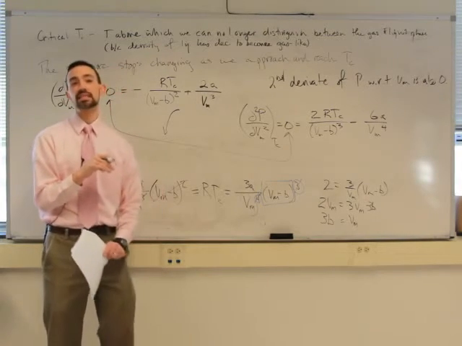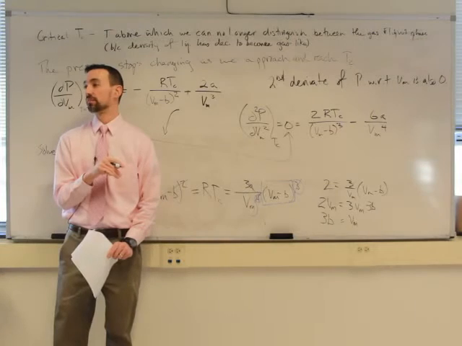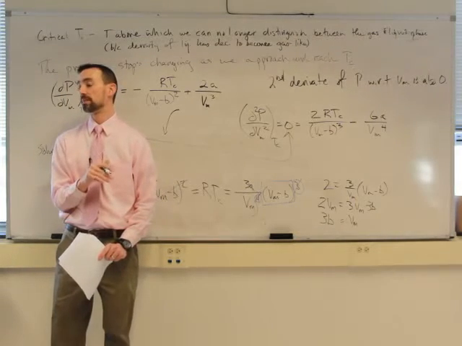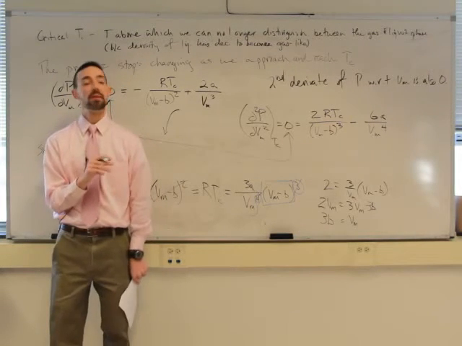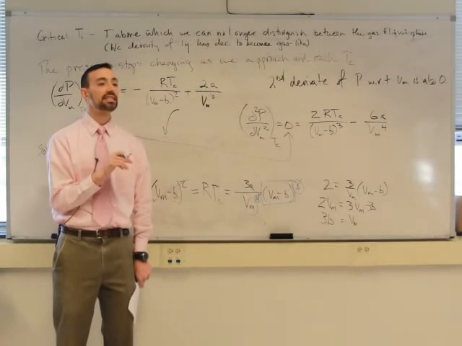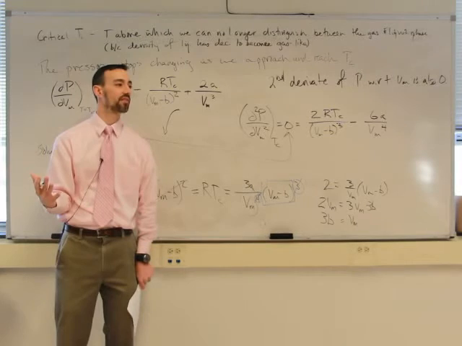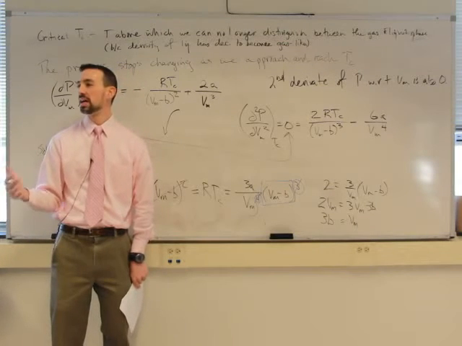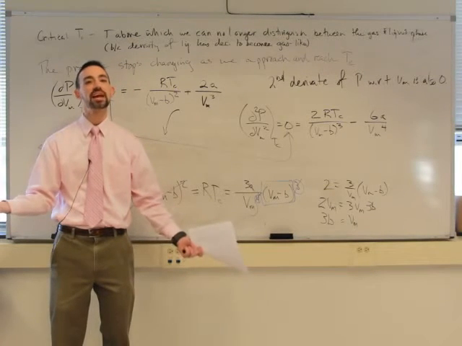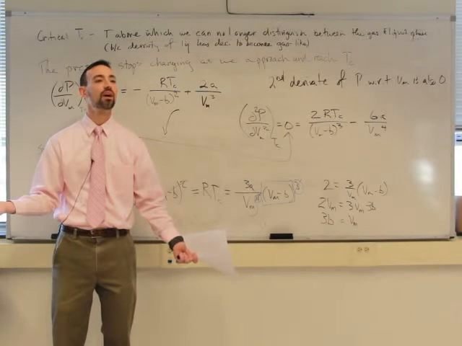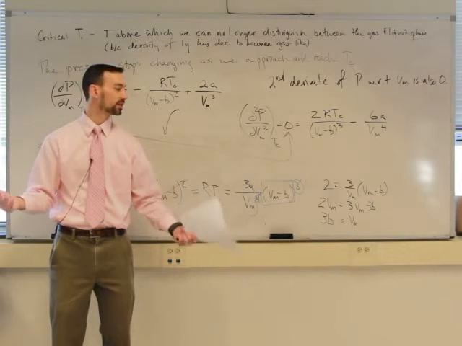Unfortunately, it's not the easiest thing to measure. Measuring molar volume is much more difficult than measuring pressure and temperature values. Obviously, temperatures come to us pretty easily from a thermometer, and pressures from a pressure gauge that we can stick into our experiment.